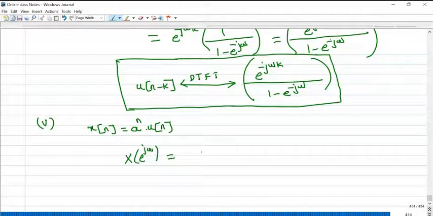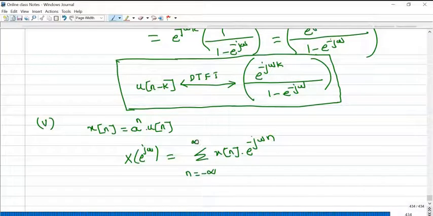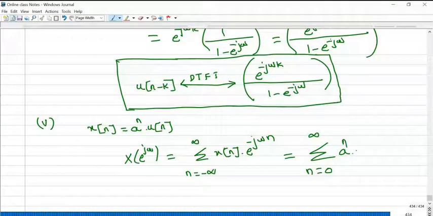X of e power j omega equals summation x of n e power minus j omega n, where n varies from minus infinity to infinity in general, but the given signal has u of n terms. So if u of n is available, the information is valid from n equal to 0 to infinity only. So a power n u of n magnitude 1, e power minus j omega n.